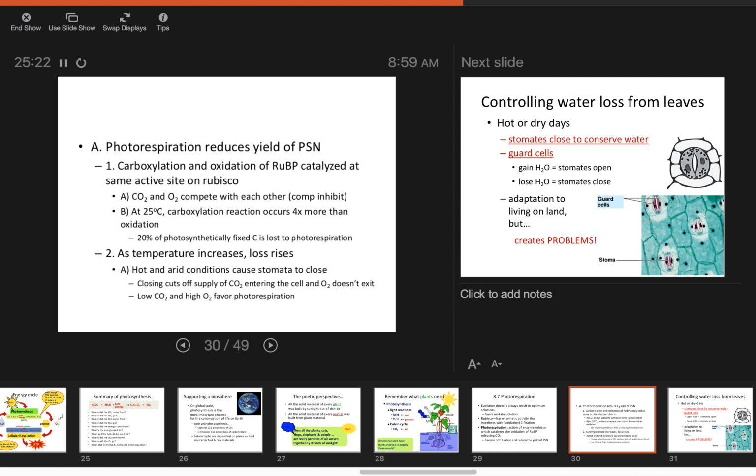So past 25 degrees Celsius, this is where it gets hot and arid and the stomata close because they don't want to lose water vapor and wilt. So closing cuts off the supply of CO2 entering the cell because we're closing the stomata so CO2 can't get in. And as a result, the oxygen that's being produced in the light reactions is still inside the plant and has nowhere to go.